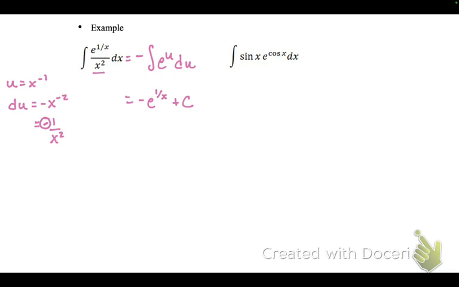So when we have a natural exponent, an e, we probably are going to make our exponent our u, aren't we? Yeah. Okay. So next one, the integral of sine of x times e to the cosine of x. What is u? Cosine of x. So du is?